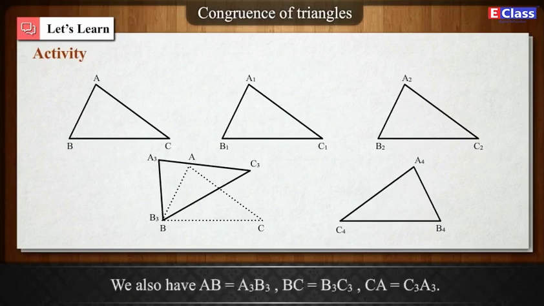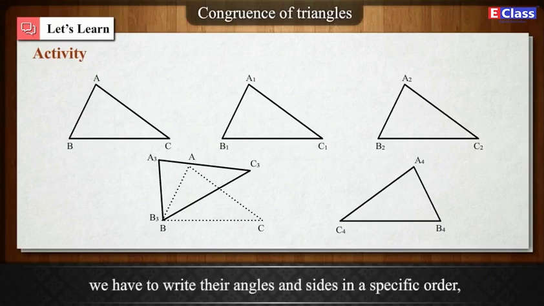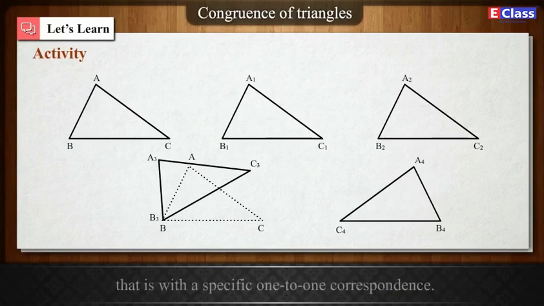We also have AB is equal to A3, B3, BC is equal to B3, C3, CA is equal to C3, A3. Note that while examining the congruence of two triangles, we have to write their angles and sides in a specific order, that is, with a specific one-to-one correspondence.